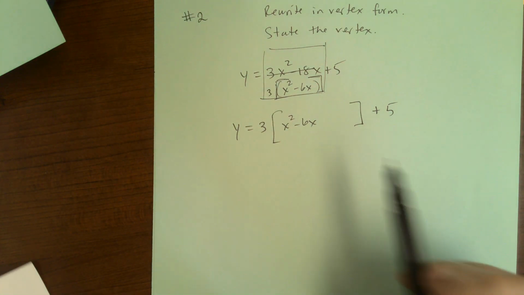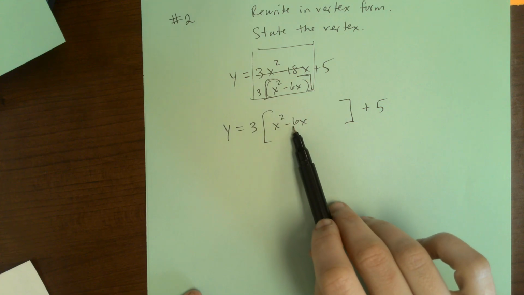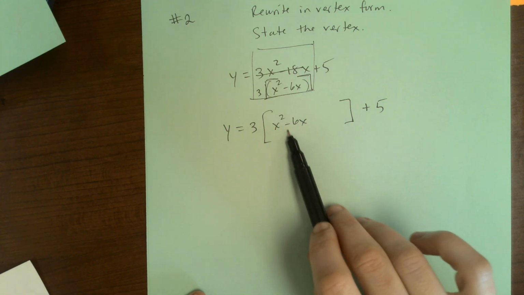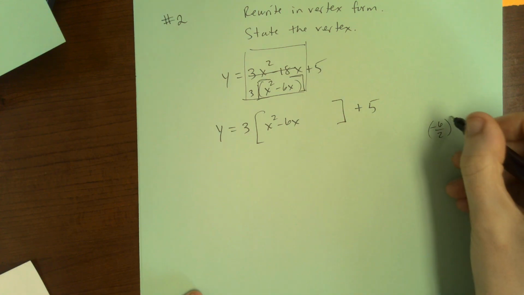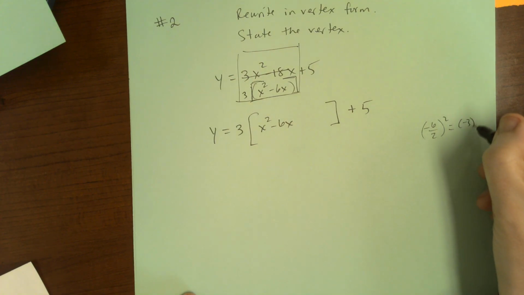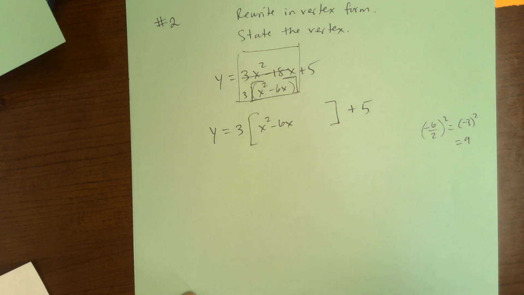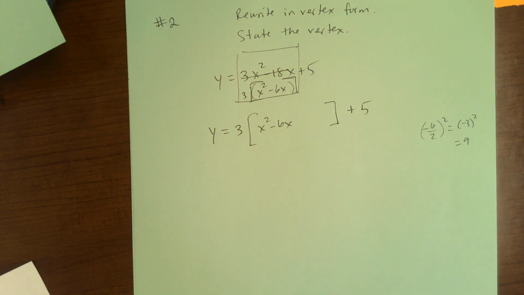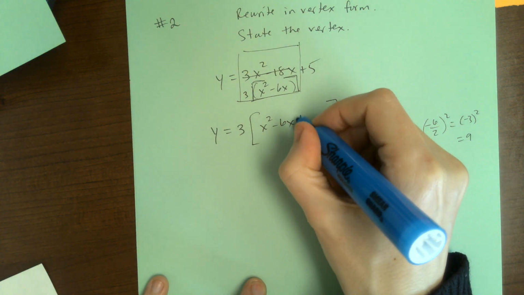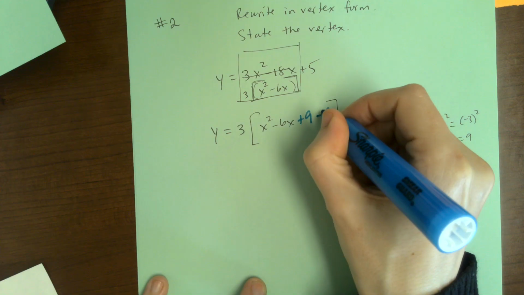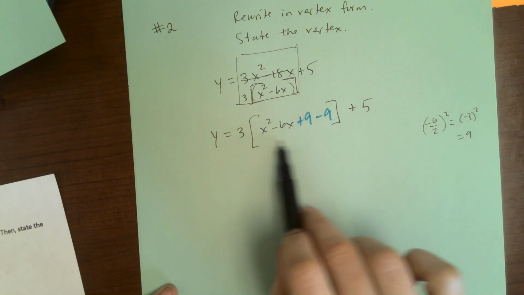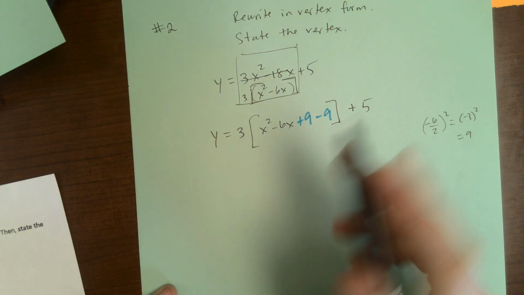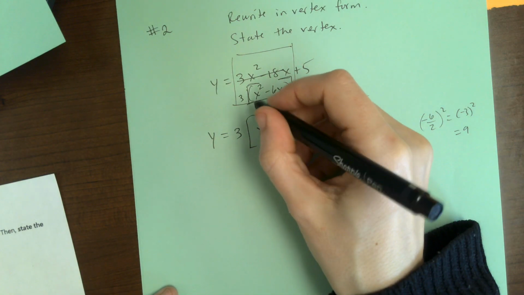So I take this number, this is b, cut it in half and then square it. That's 9. So to complete the square, I have to add 9, but then subtract it in the same move.